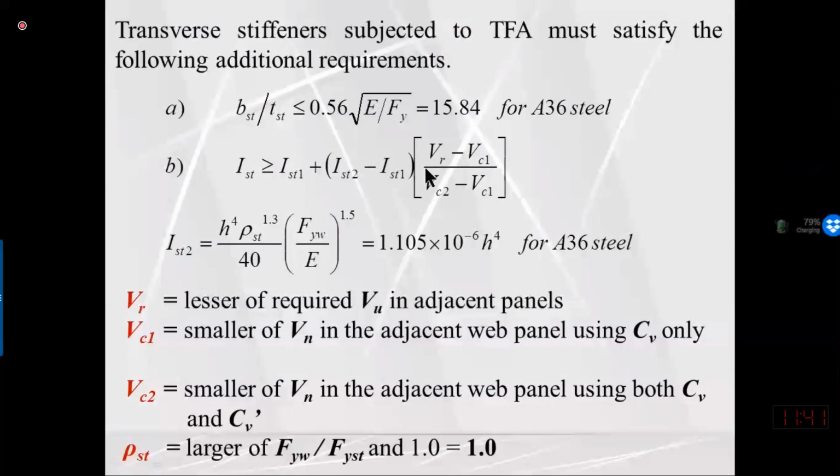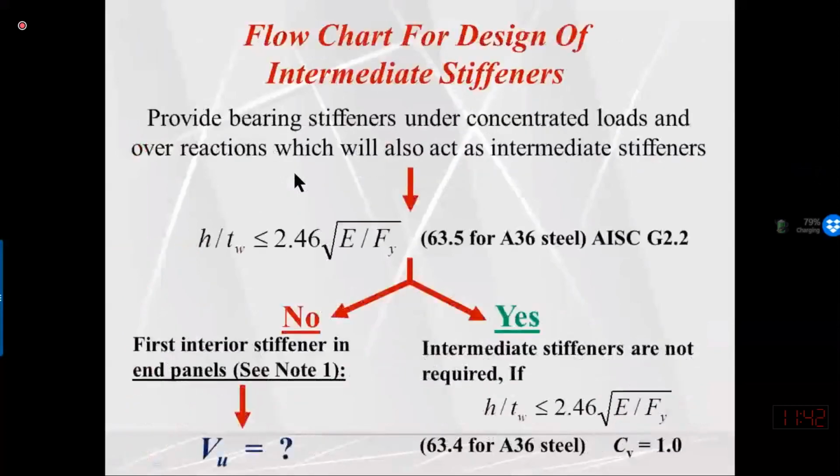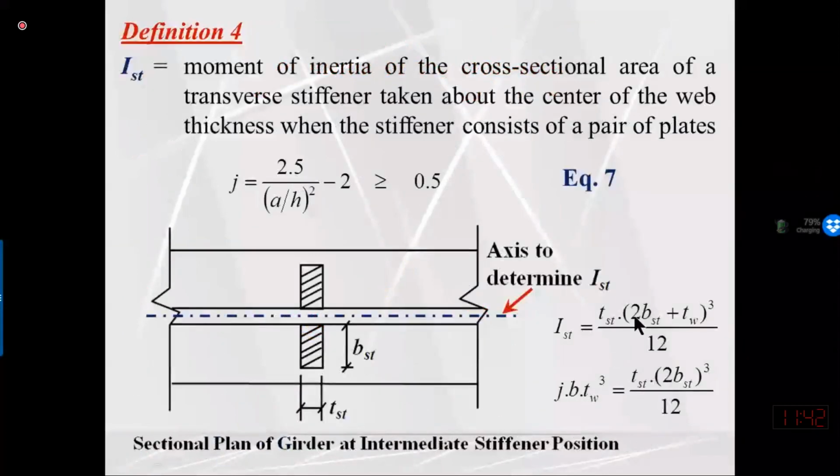So in this parameter, what is Ist1? Ist1 is just this value that we are computing by this expression. So for Ist1, we are computing the moment of inertia of the stiffener when we actually know the thickness of the stiffener and the width of the stiffener.